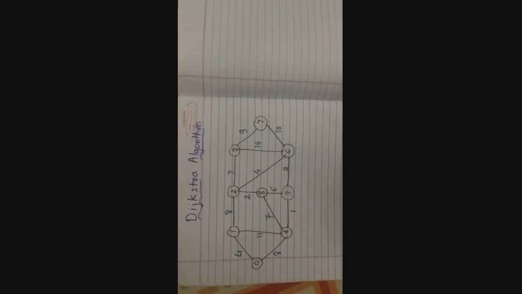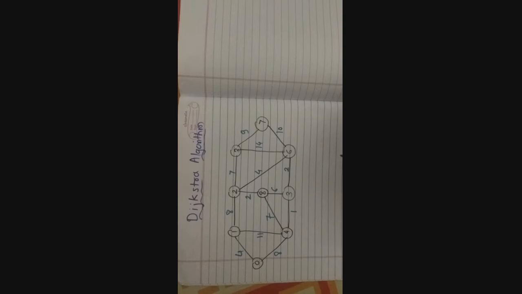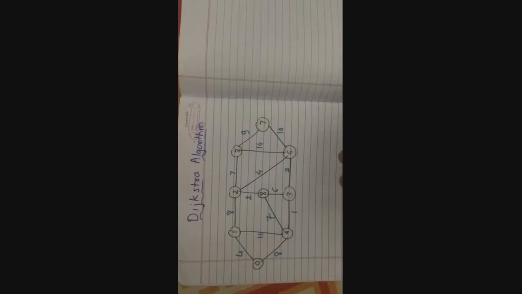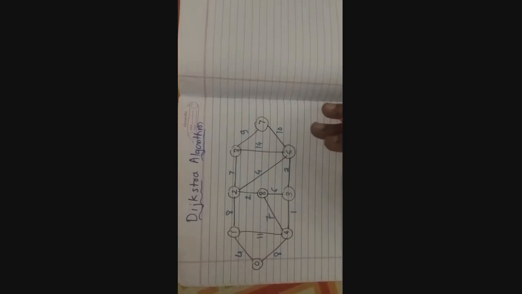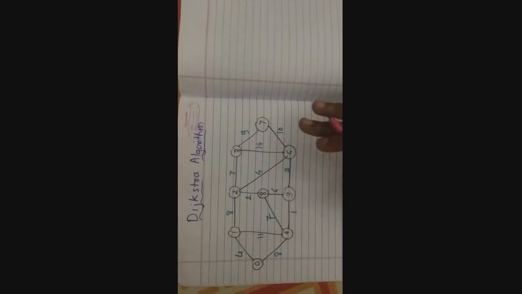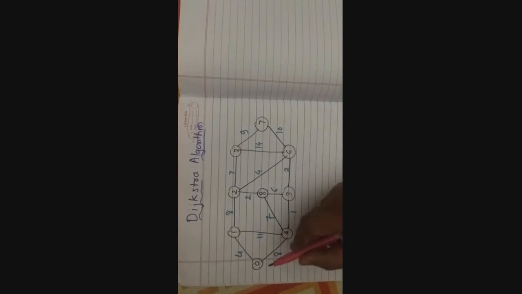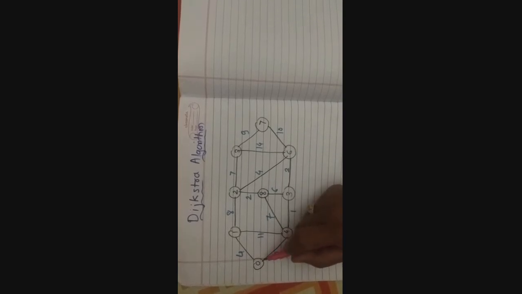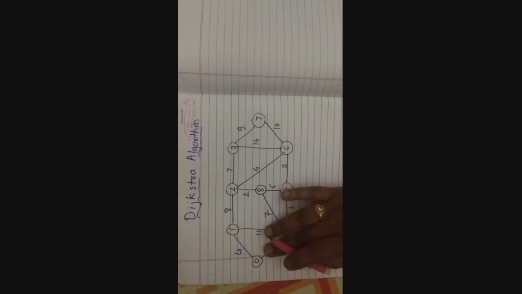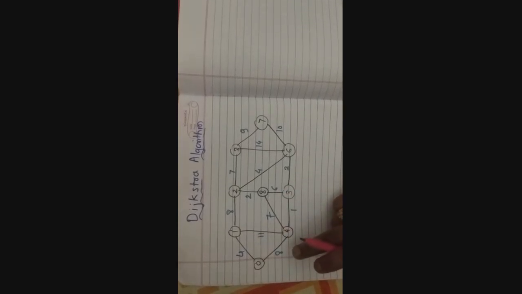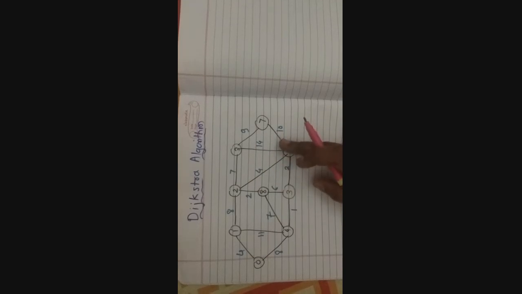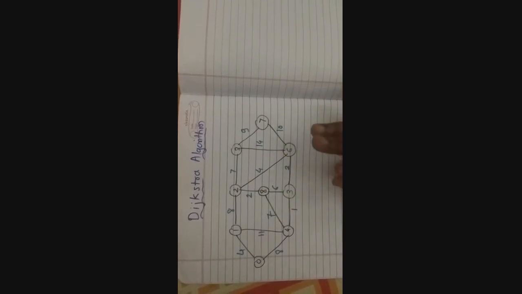the graph. So see here in this example, this is a simple weighted graph because each and every edge has a weight. Here I have chosen vertex 0 as the source vertex, and from this vertex we have to find the shortest path to all the other vertices in the graph.